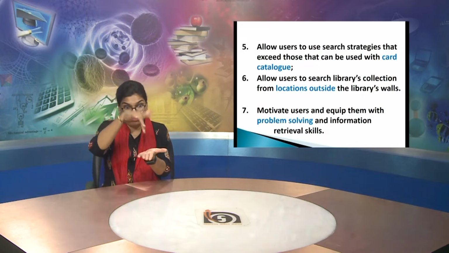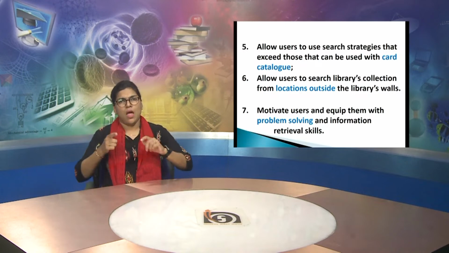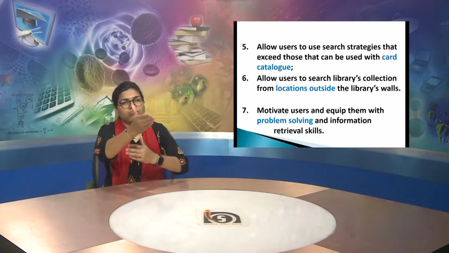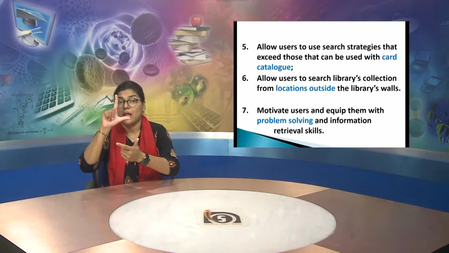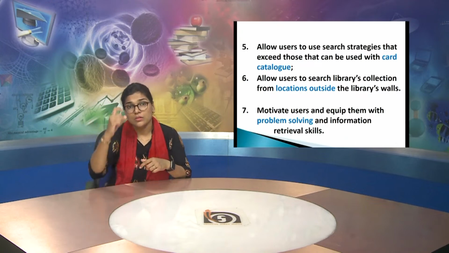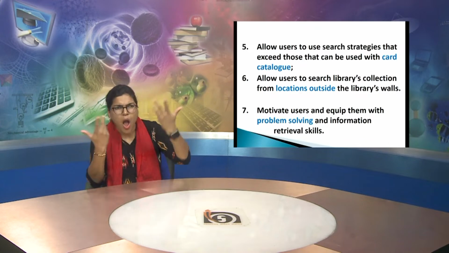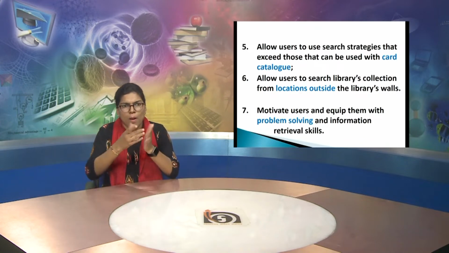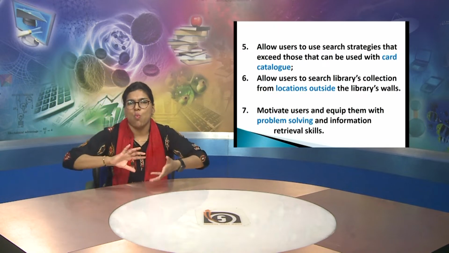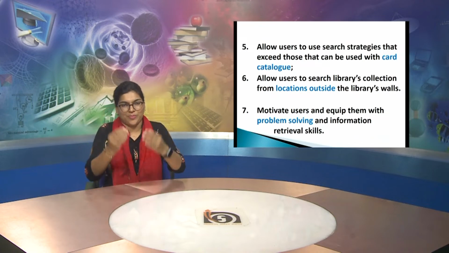Point number 6 allows users to search the library's collection from locations outside the library's walls. And point number 7 explains that it motivates users and equips them with problem solving and information retrieval skills.